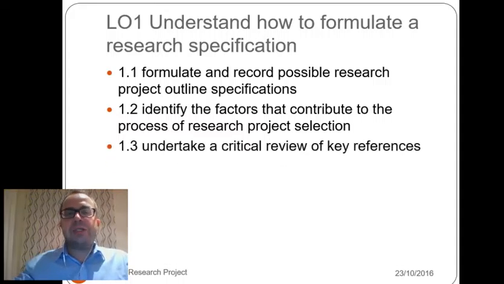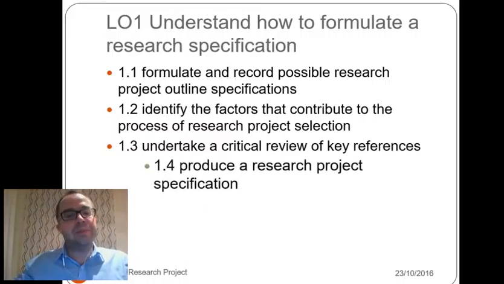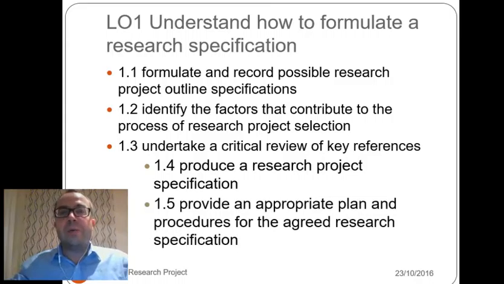Third element is to undertake critical review of the literature of the existing body of knowledge references in relation to your chosen topic. Then we are going to move on to the production of your research project specifications. And finally, we are going to compile an appropriate plan and procedures for the agreed research specification. Let's start.